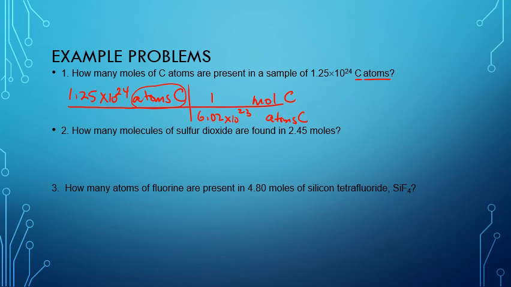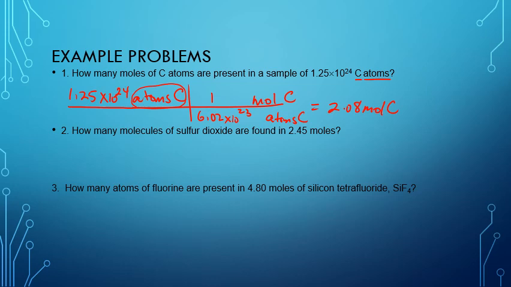Now, when I plug that into my calculator, if we do 1.25 times 10 to the 24th divided by 6.02 times 10 to the 23rd, we should get an answer of approximately 2.08 moles of carbon. Okay.